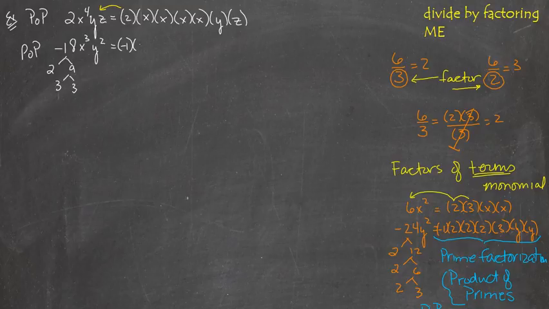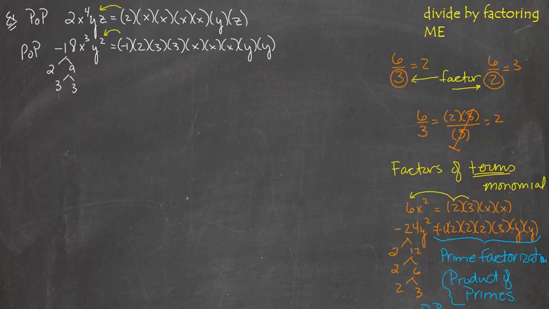So as a product of primes, I'd write 2 times 3 times 3. Then x cubed, that's 3 of them, 1, 2, 3, and then y squared, that's 2 of them. Again, I have a whole string of prime numbers. If I multiply them all back together, it'll give me back my original number.